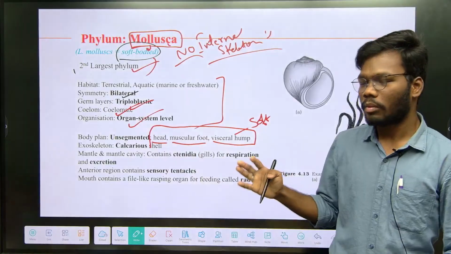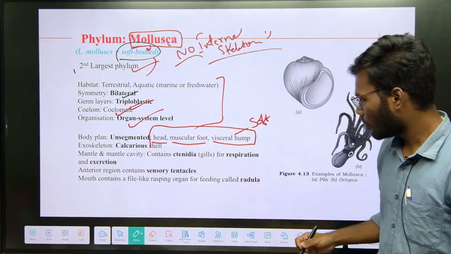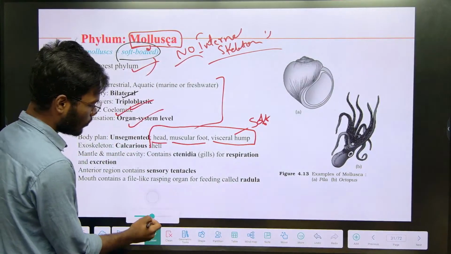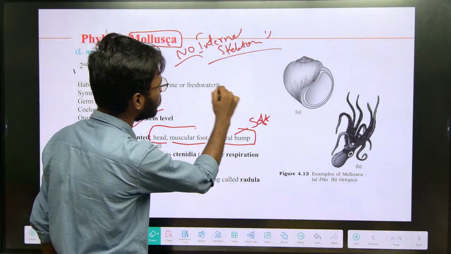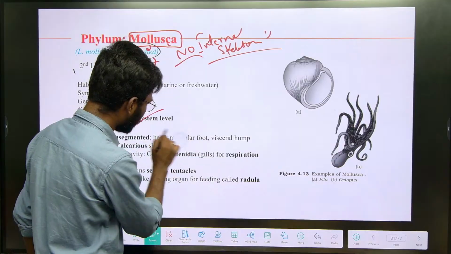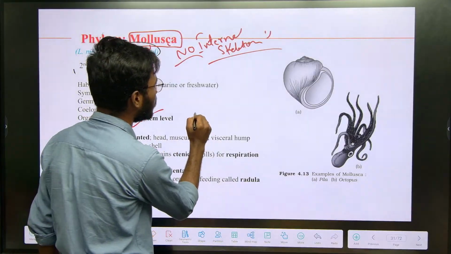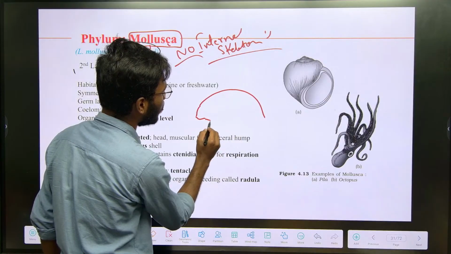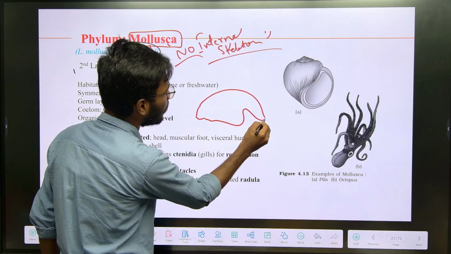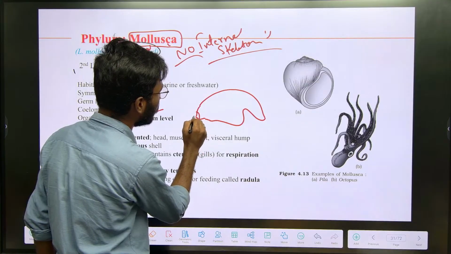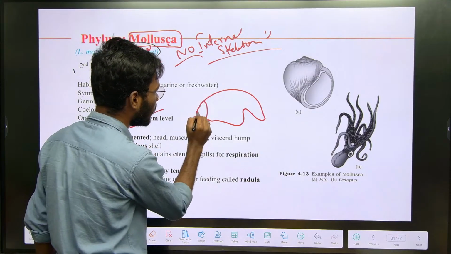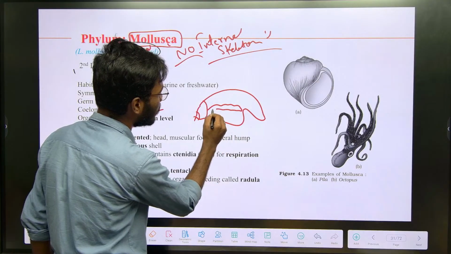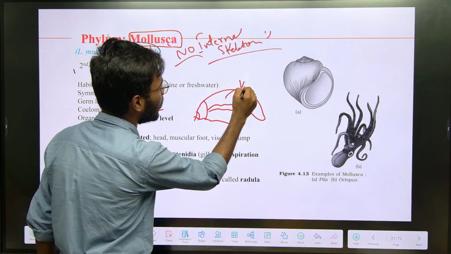So what you have to remember especially in molluscans is, as I said, the molluscan has a head and a visceral hump. In the head portion, tentacles are there. This is the head, and here the gastrovascular cavity is there, and this is called the visceral hump.